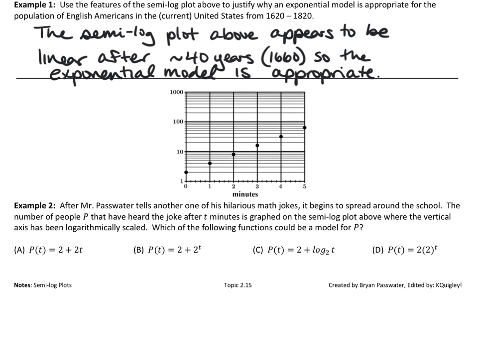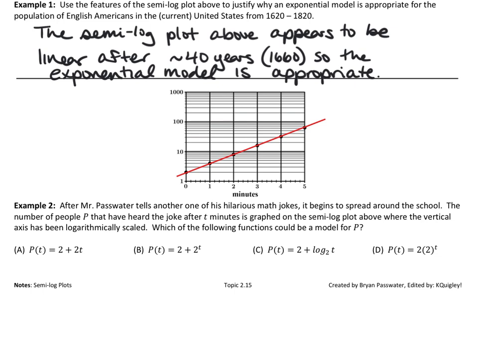Okay. What do you notice about this graph? Number 1, it's a semi-log plot. Number 2, what is happening to the data? It's linear. So we're pretty sure, since we can see this linear data here, that the answer choice we should pick should be some sort of, since it's linear on a log, we're looking for an exponential answer.